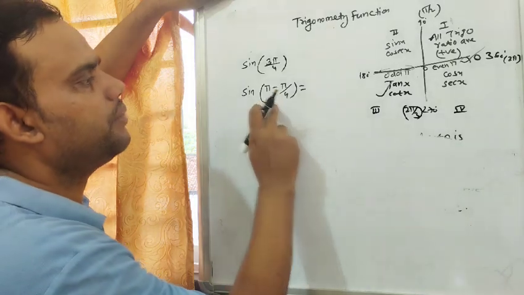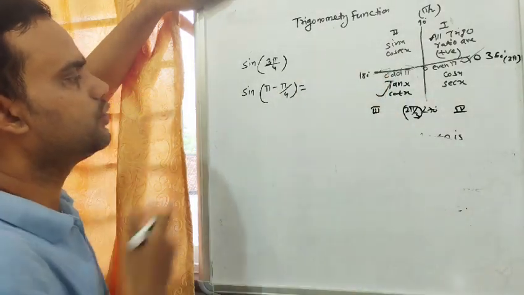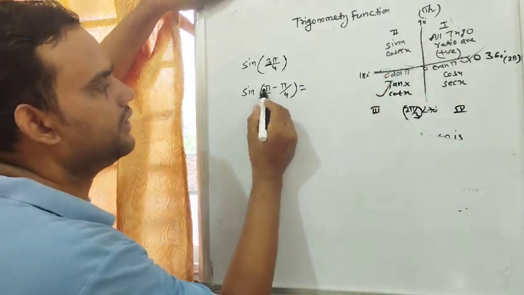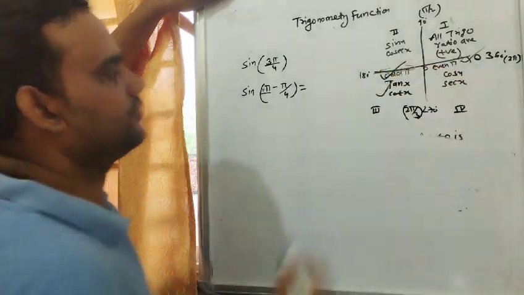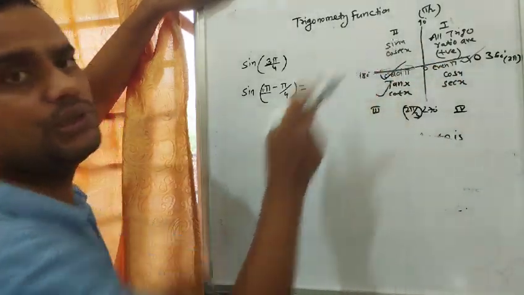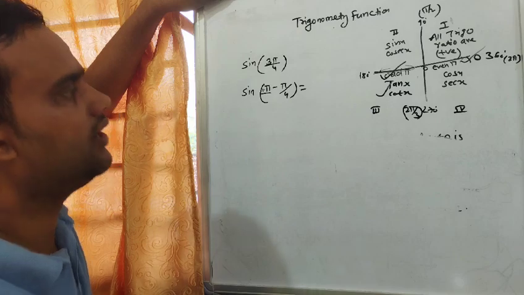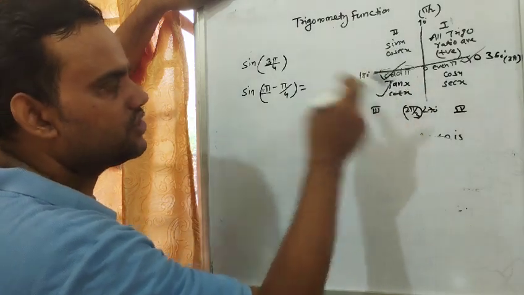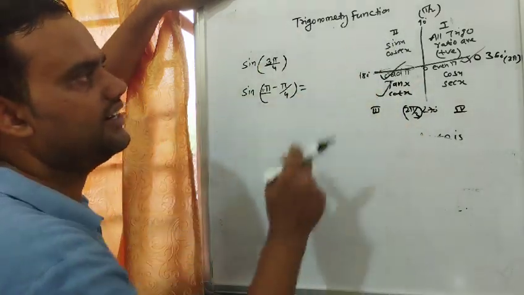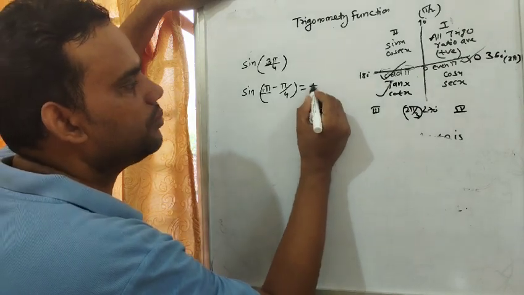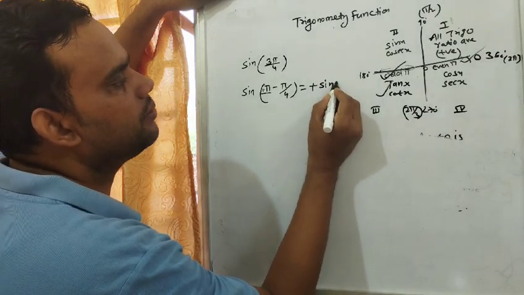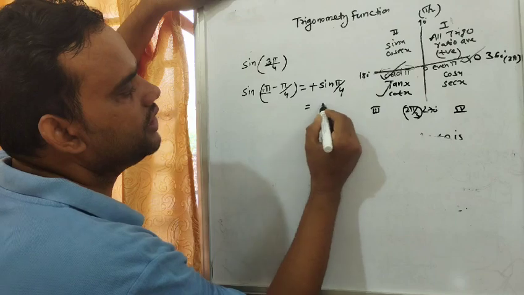Here we have 1 pi, so odd means we stay with sine here. And minus means we go to the second quadrant. Sine is positive there and there is no change, so sin pi by 4. The answer is 1 by root 2.